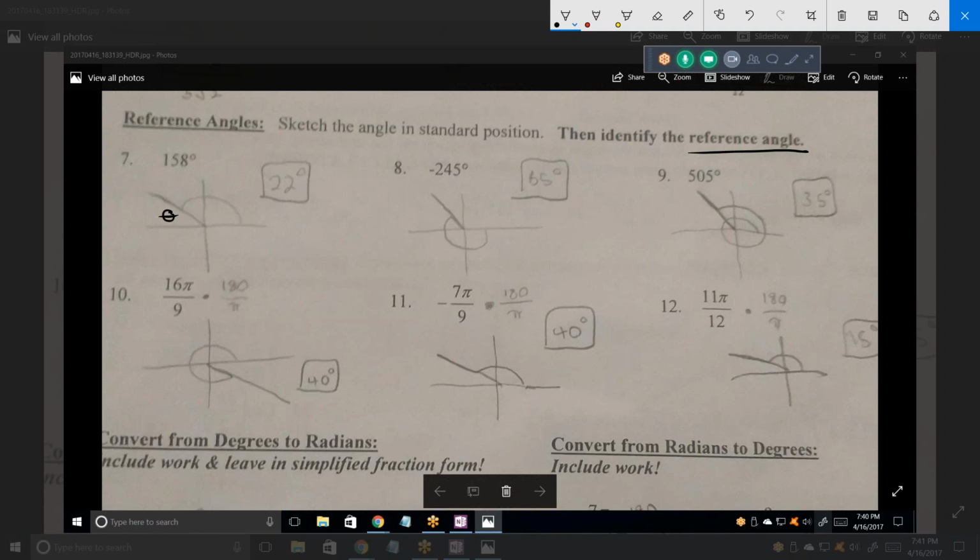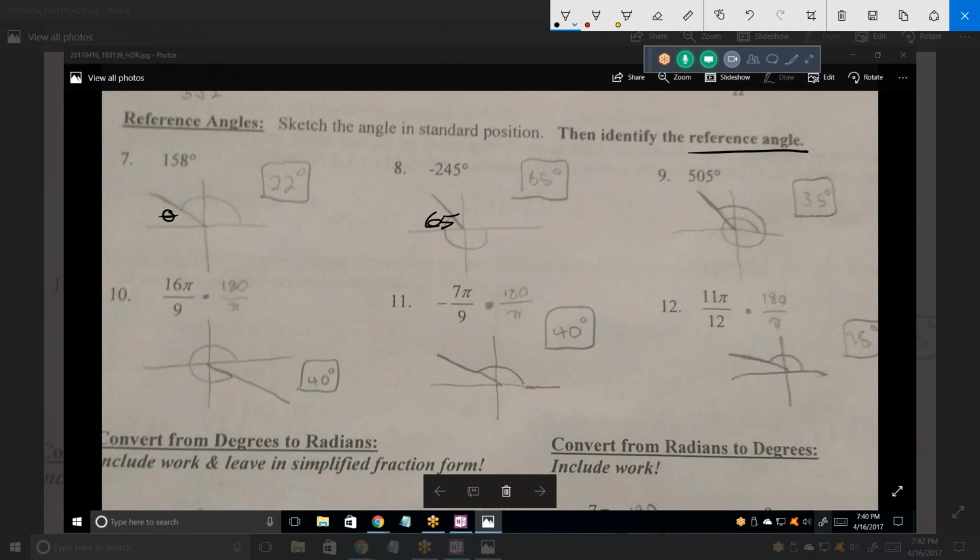Okay, this one you went around 180 clockwise, and then you must have gone another 65. Now what's this? Oh, then identify the reference angle. Yeah, okay, so that's 65. It's always the angle made with the x-axis.